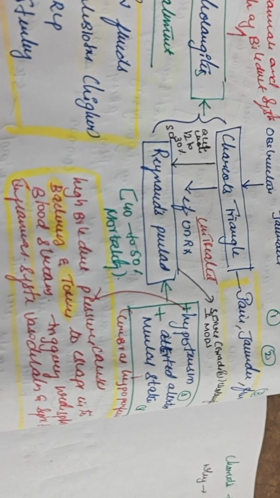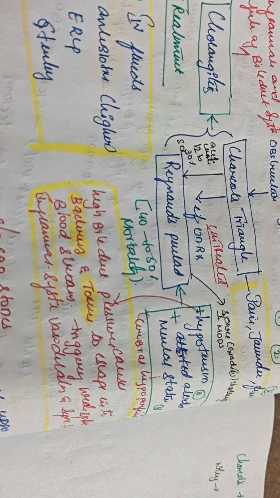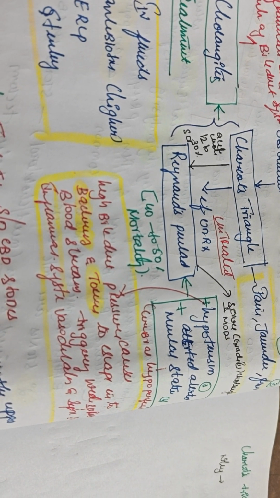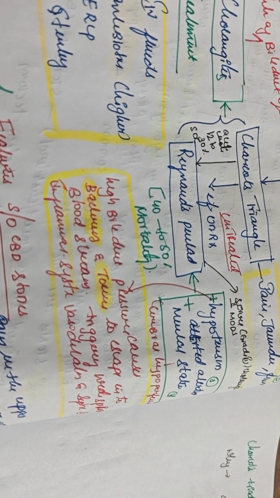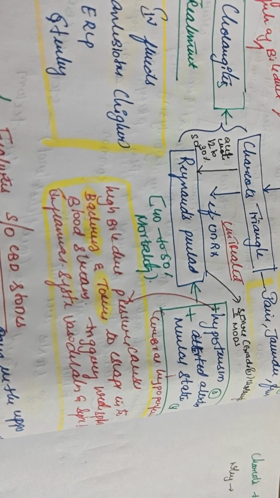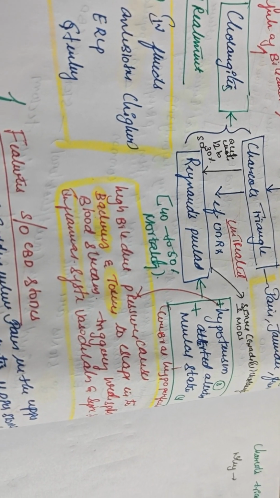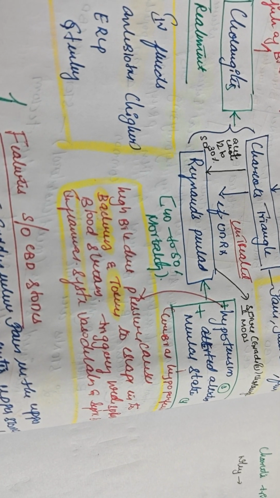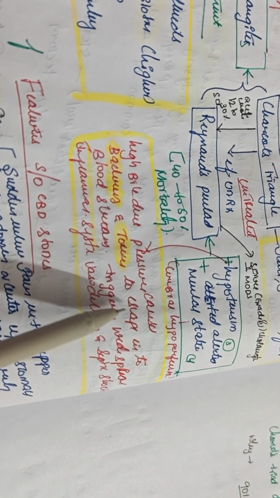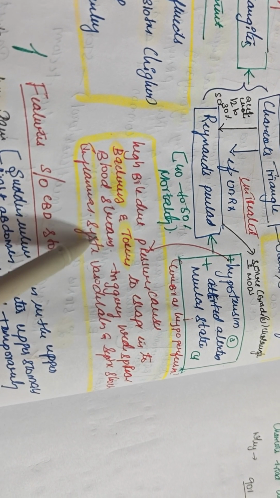Now say for example, the patient is not treated for this Charcot's triad. Now in addition to this pain, jaundice and the fever, the patient can have hypotension, the patient can have altered mental status. Why is it known as altered mental status? Because of the obstructed part, there is an accumulation, there is a high bile duct pressure, and the bacteria and toxins escape into the bloodstream.